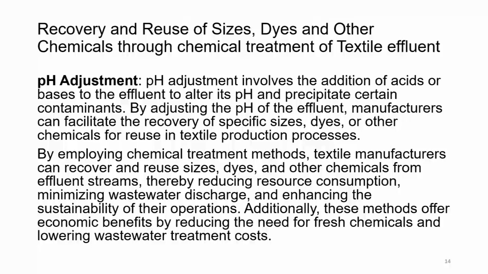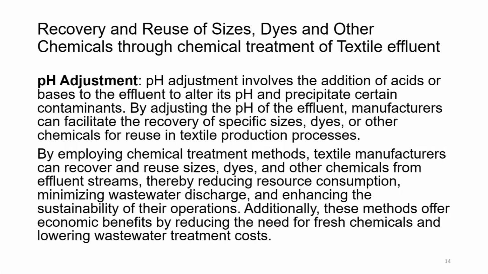One is of course to bring it down to neutrality, there is a kind of equalization, and the other role is that it helps in precipitation. By adjusting the pH of the effluent, manufacturers can facilitate the recovery of specific compounds like sizes, dyes and other chemicals, which can be further reused in textile production processes.